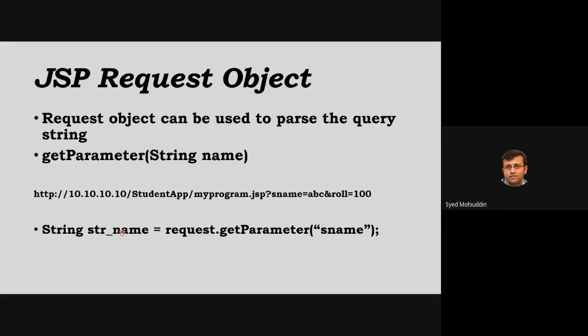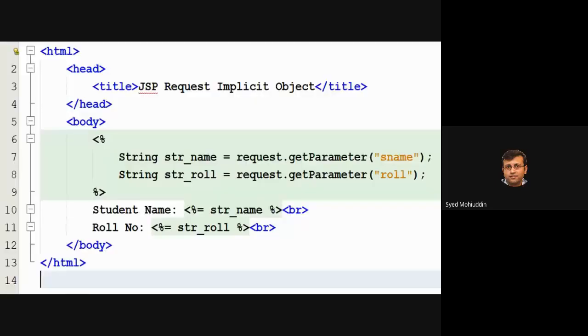So str_name will contain ABC as the value here. The same way, there is another query, role. If we use request.getParameter with role, we will get the value 100, which is stored in str_role. The next thing we will see is a sample program.